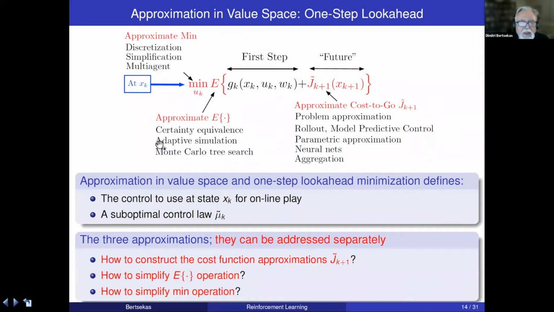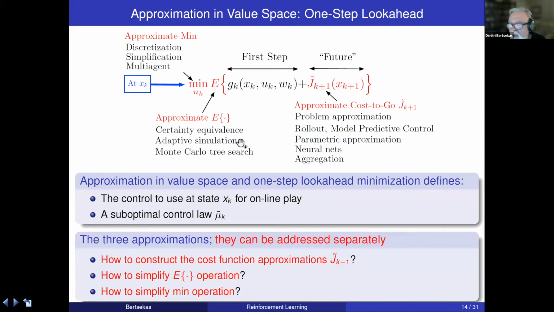One possibility is to calculate this expected value by some kind of adaptive simulation, Monte Carlo simulation. Sometimes we may simulate extensively to obtain almost the expected value, but for controls that may not be very promising, you may want to do a more limited simulation.